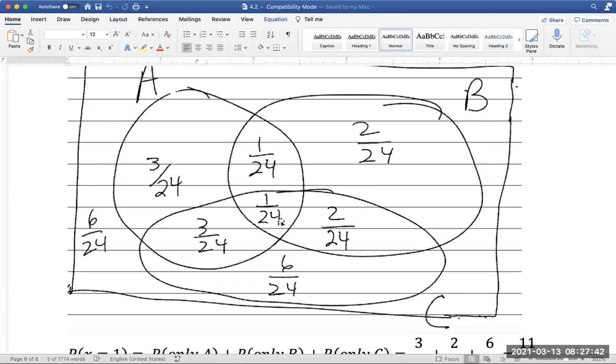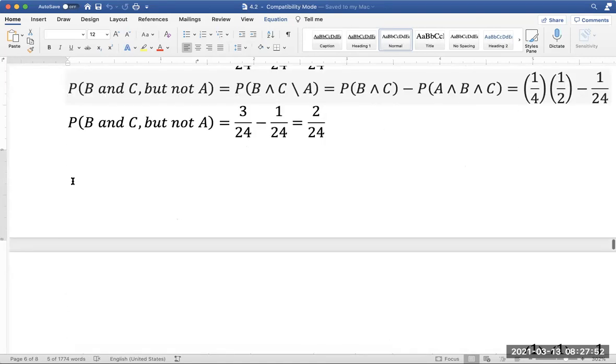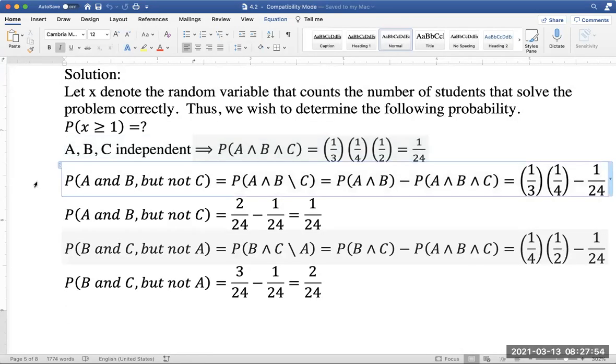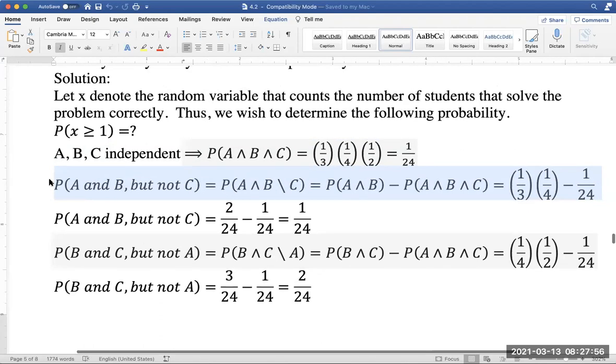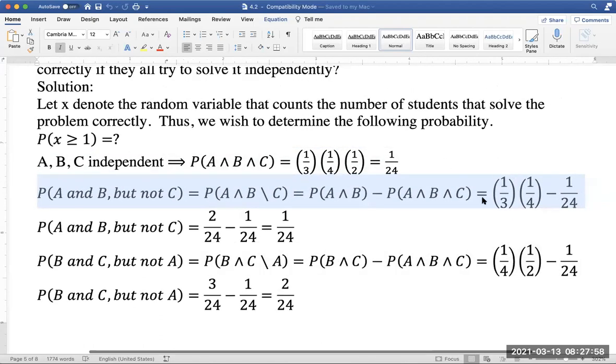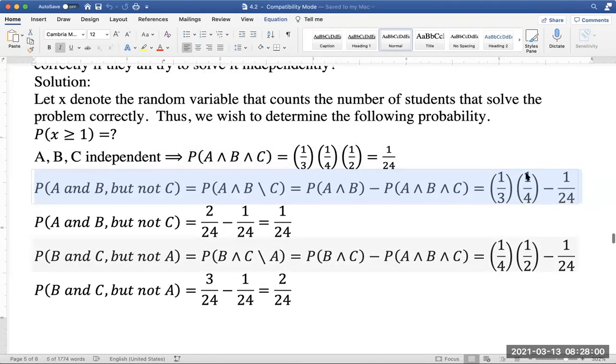This whole thing is 2 out of 24, but this little piece here is 1 out of 24. To figure out the probability of A and B, but not C, you do the 1/3 times 1/4, but then subtract from it what you had before.